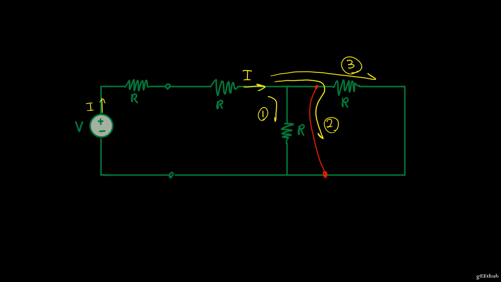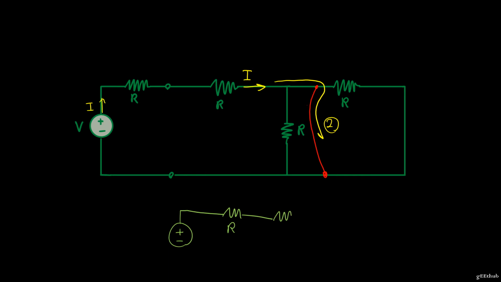If my short had a little bit of resistance, then this current would distribute itself among these resistors. But now, since my short has zero resistance, then my current will completely ignore path 1, completely ignore path 3, and go through the short. So my new circuit will look something like this. I have my battery source, I have R, and then my short.